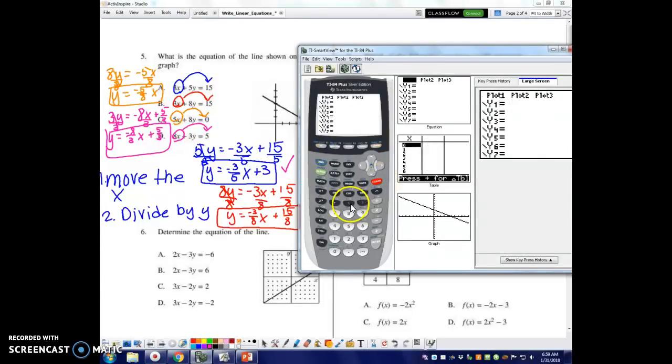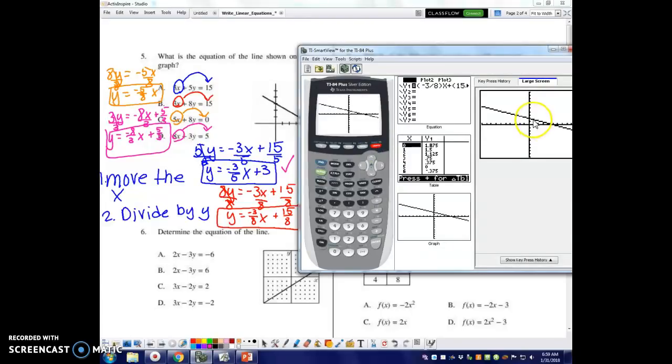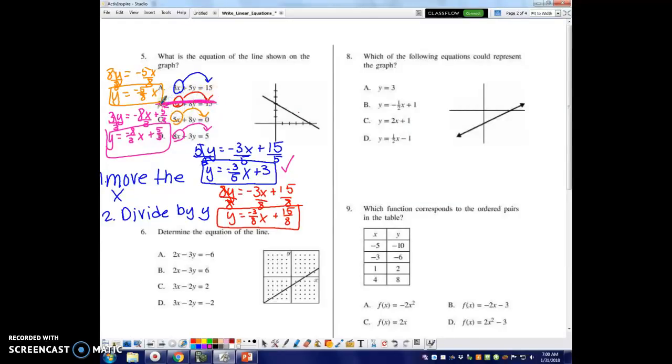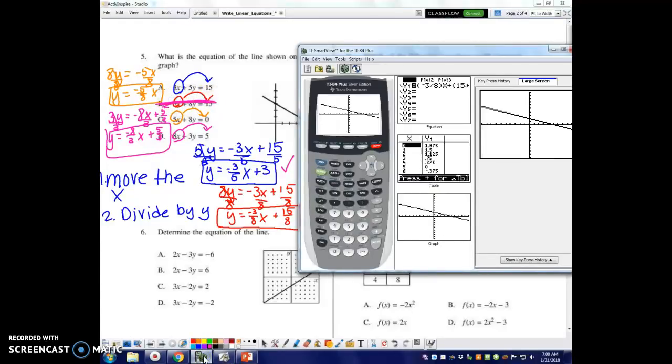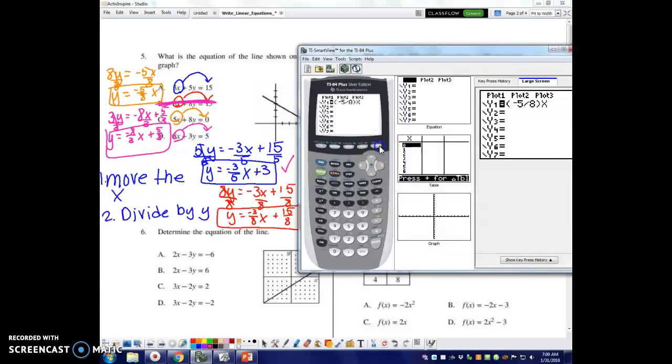Y equals negative 3 over 8x plus 15 over 8. Graph. That's not it. It definitely doesn't cross at 3. So no, not B. Goodbye, B. Okay, so now let's try C. Y equals negative 5 over 8x.